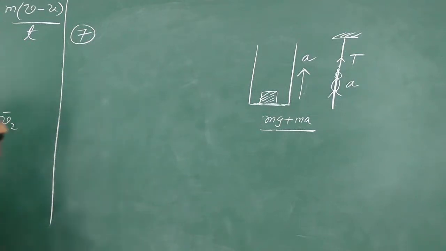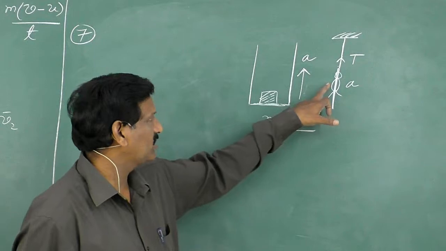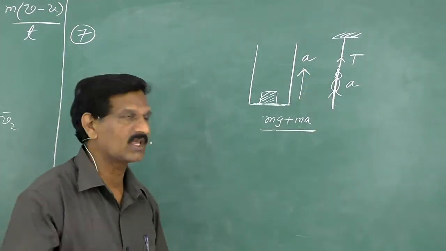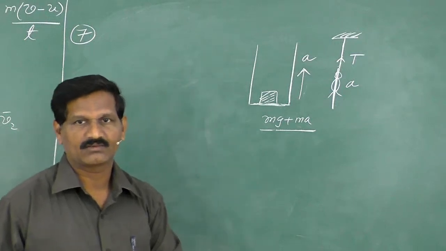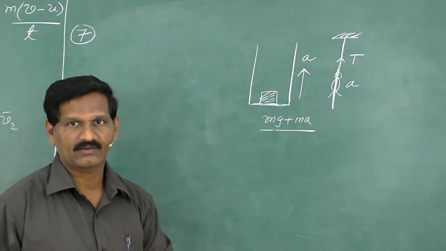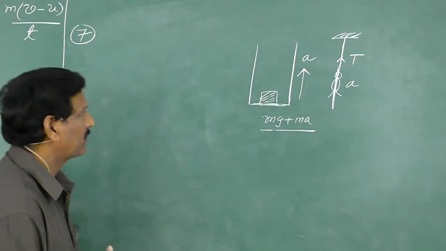So, if this mg plus ma, that means the force exerted by the man on the rope, is more than the maximum tension that the rope can bear, then the rope can break.